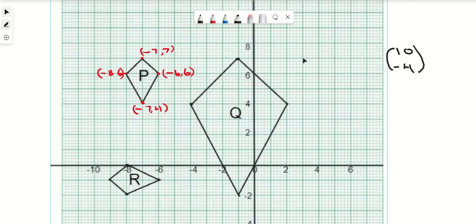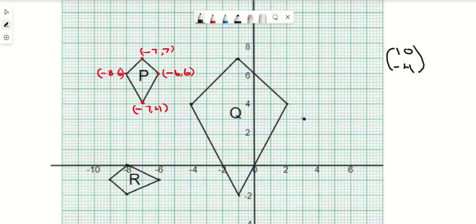And then 4 units. Because it's -4, we're going 4 units down. 1, 2, 3, 4. So after my translation of (10, -4) upon our -7, 7, my coordinate is now here, right?